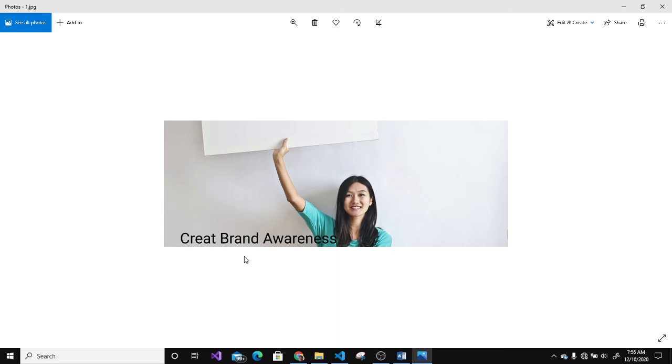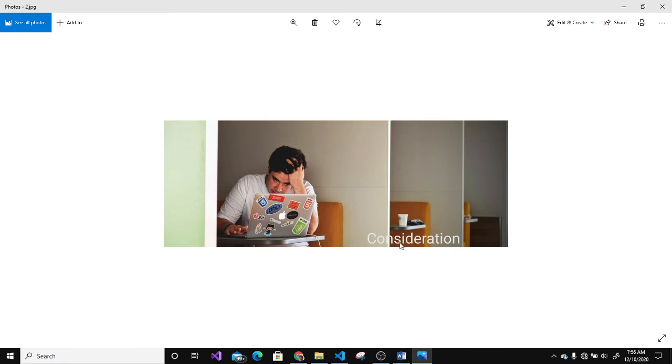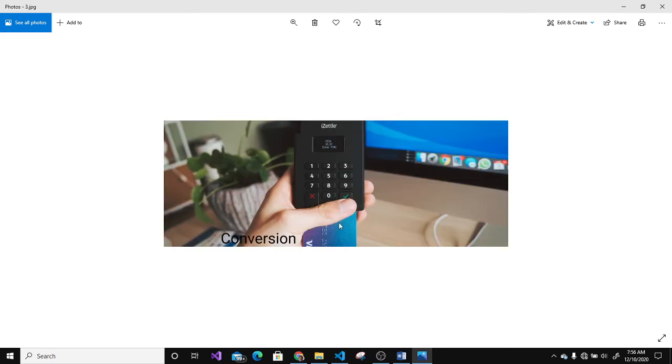Raise up your hands, tell people, hey, your brand is alive, brand awareness, and tell people about your brand. Also make them think about your product, make them consider buying it urgently, and then cash in, let them pull up their Visa card, their credit card, their PayPal emails, and start buying from you.